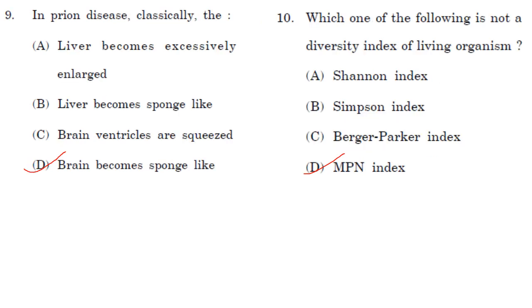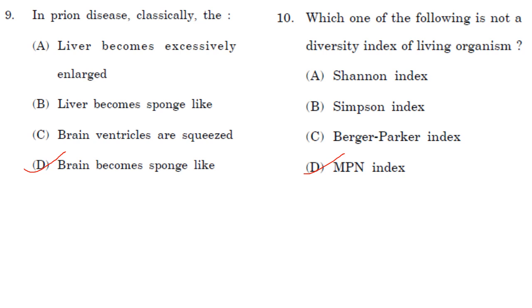In prion disease, classically, the liver becomes excessively enlarged, liver becomes sponge-like, brain ventricles are squeezed, brain becomes sponge-like. So prion disease is a fatal neurodegenerative disease caused by misfolded prion proteins in the brain.